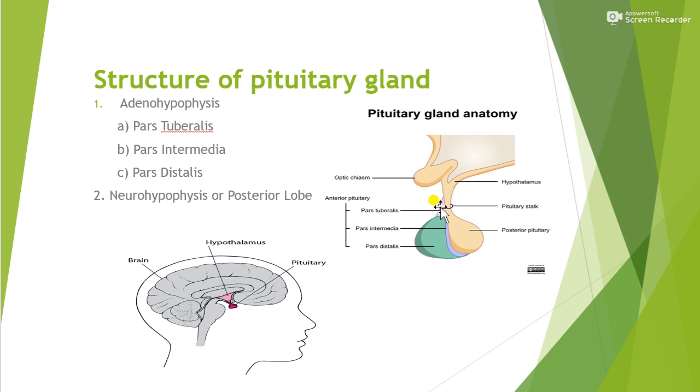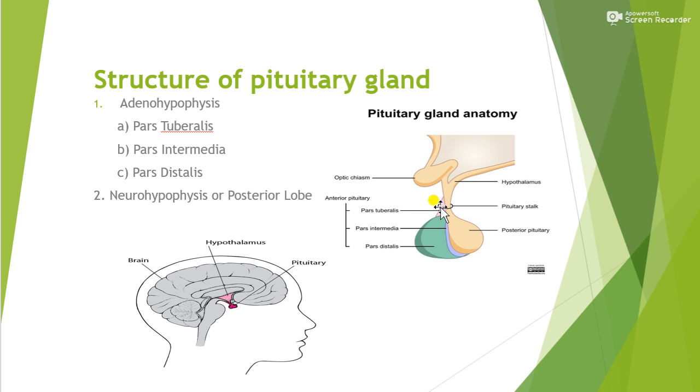The cells are arranged in short cords or globular clusters. They are polyhedral with centrally placed nuclei, and the cytoplasm contains fine granules and is weakly basophilic.